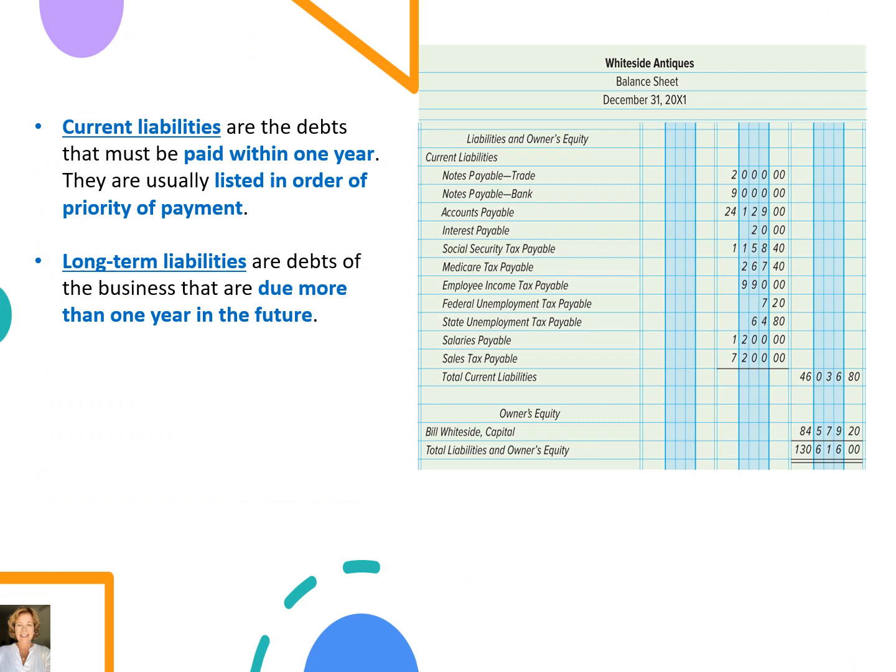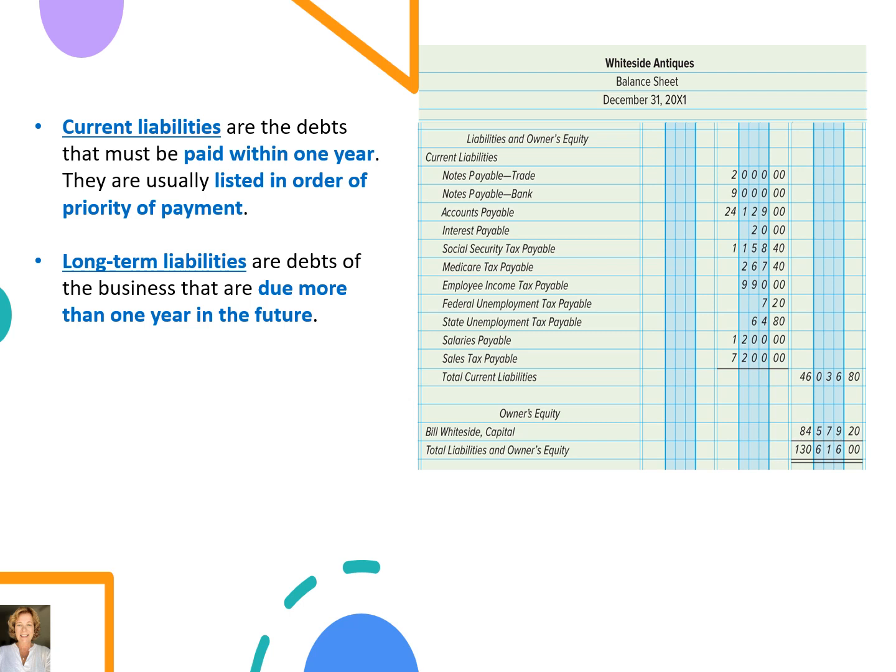Current liabilities are the debts that must be paid within 1 year. They're usually listed in order of priority of payment. Management must ensure that funds are available to pay current liabilities when they become due in order to maintain the firm's good credit reputation.